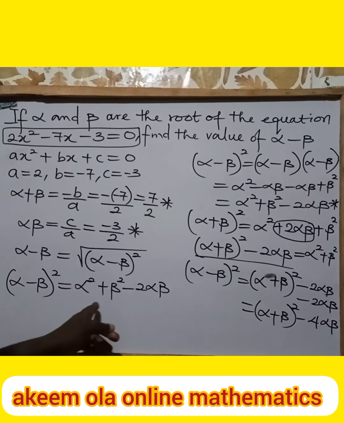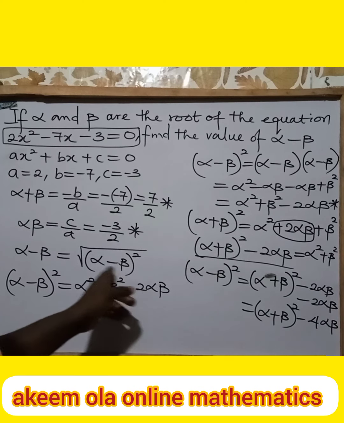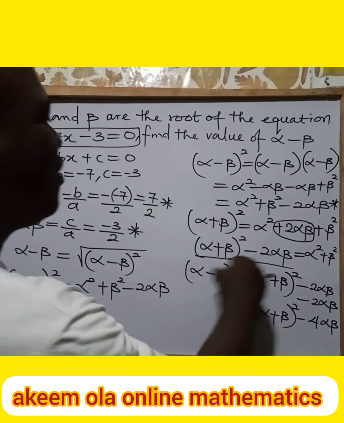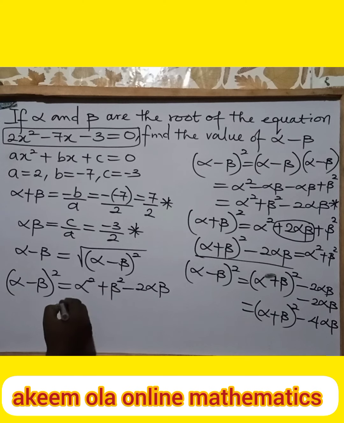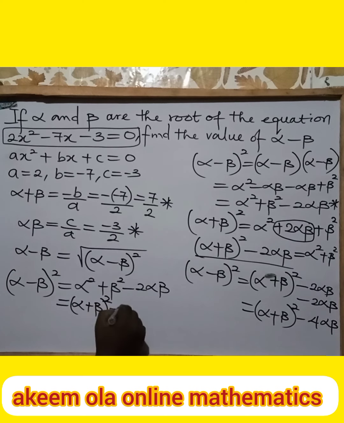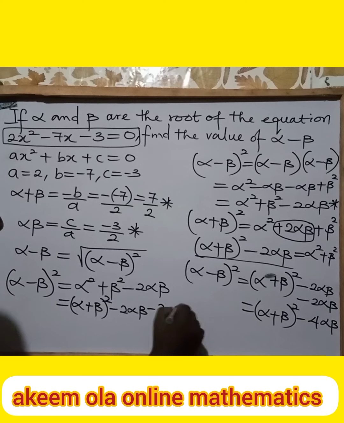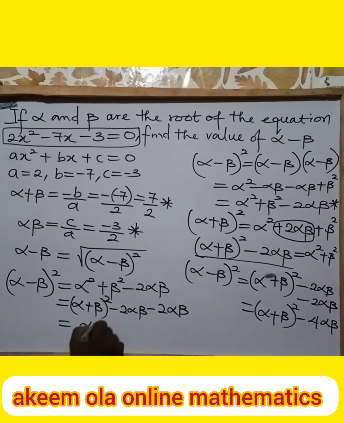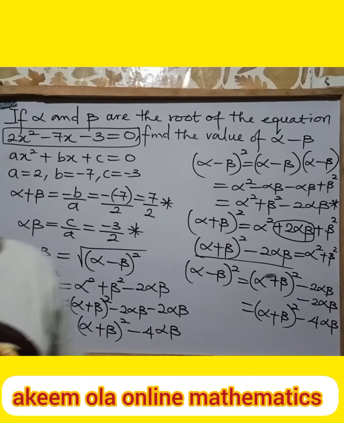So alpha square plus beta square is alpha plus beta square minus 2 alpha beta, and the minus 2 alpha beta is already here, so that will give us alpha plus beta square minus 4 alpha beta.